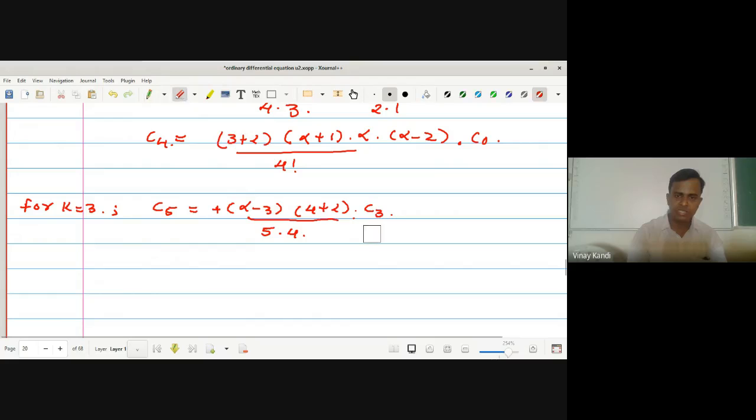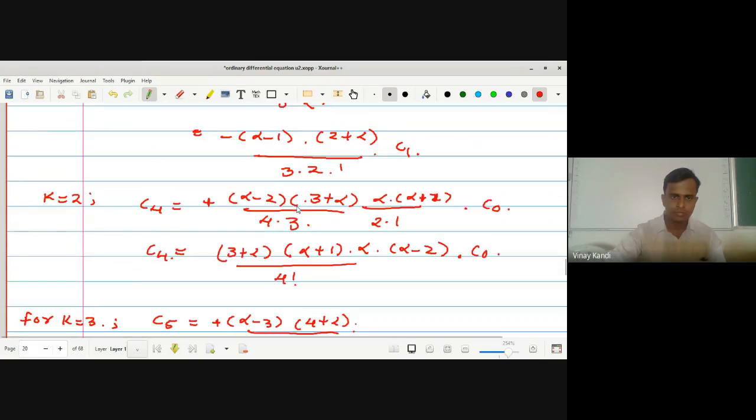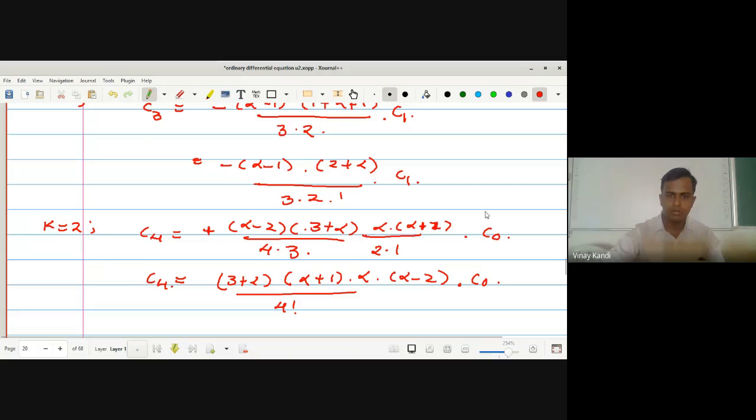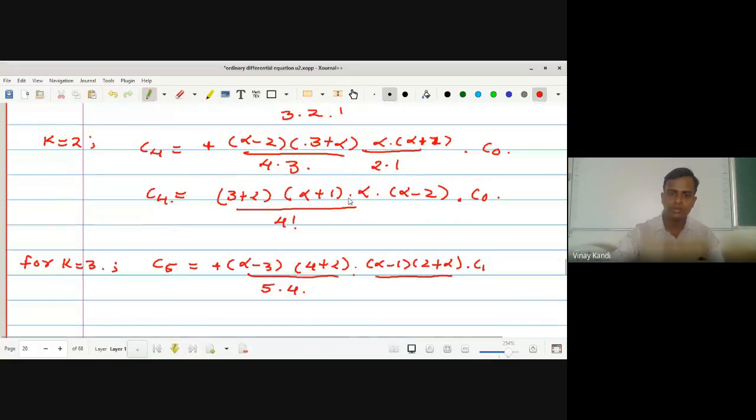Value of this C3 is equal alpha minus 1, 2 plus alpha. Alpha minus 1, 2 plus alpha into C1 upon 3 into 2 into 1.